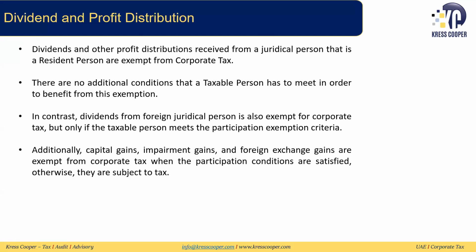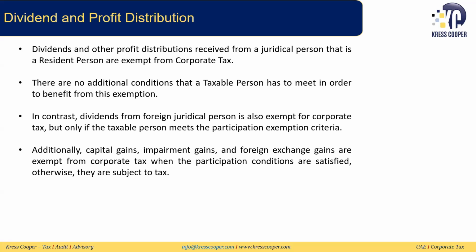For dividends and profit distributions, in the guide they've said, as we know, that any dividend or profit distribution is exempt. Any dividend or profit distribution we receive from a resident juridical person is exempt from corporate tax. There are no additional conditions for them. So without any criteria, if any dividend or profit distribution is received from a resident juridical person by a company, it will be exempt.